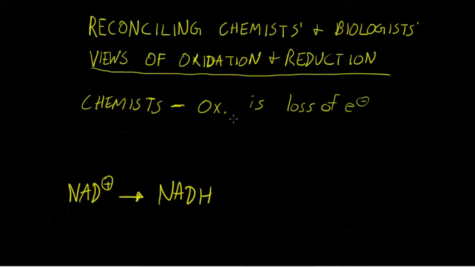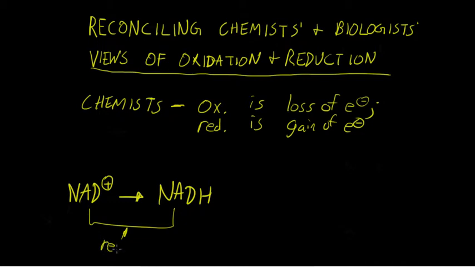I should have said here, reduction is gain of electrons. So if a gain of hydrogen is a gain in electrons, this is an example of reduction according to biologists.